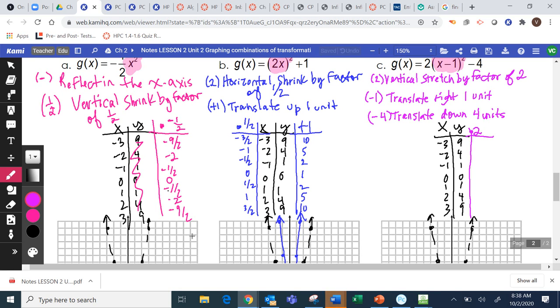You have to multiply before subtracting. So 18, 8, 2, 0, 2, 8, 18, and then subtract 4. Then on the x side, we are just adding 1. Translating right, adding 1.